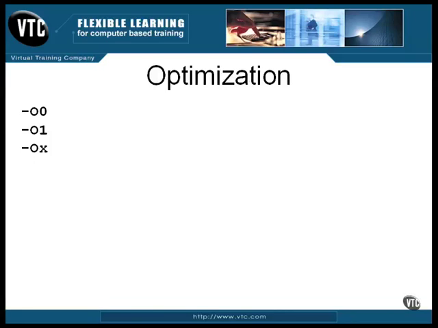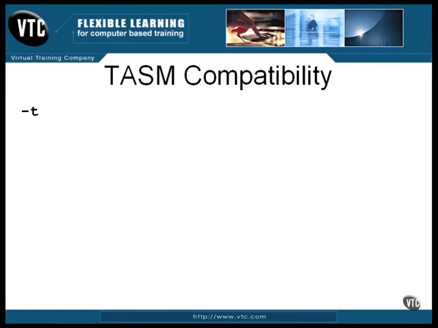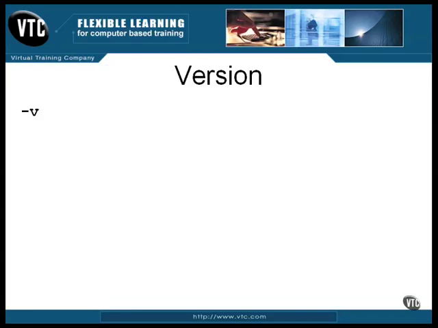The number 1 performs partial optimization. The letter X is suitable for most situations and performs full optimization. The T option makes the assembler compatible with source code written for the Borland assembler. The V option displays the version number of the assembler.